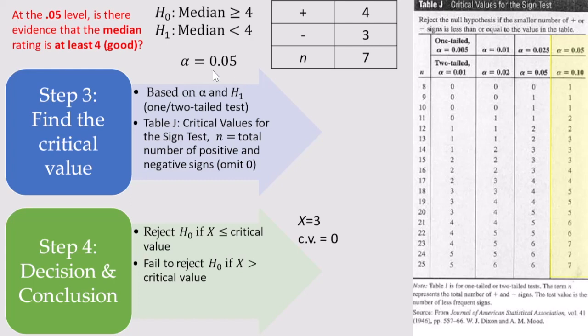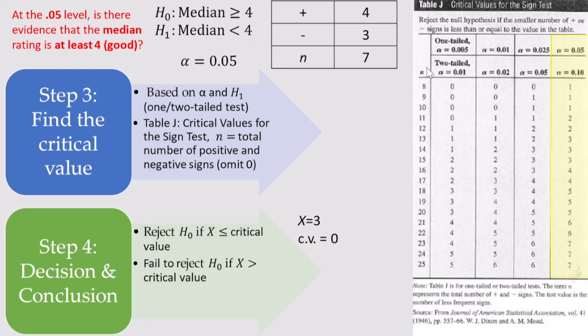So our alpha is 0.05 and the alternative hypothesis is less than 4. Less than 4 is a one-tailed test. We have discussed this in hypothesis test in our previous video. So we have a one-tailed test and alpha is 0.05, which is the one over here in yellow. Okay, we will focus on the yellow column over here.